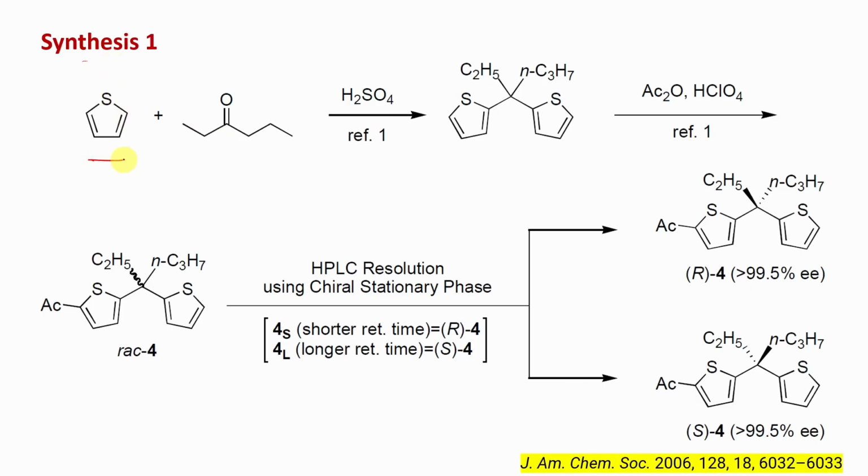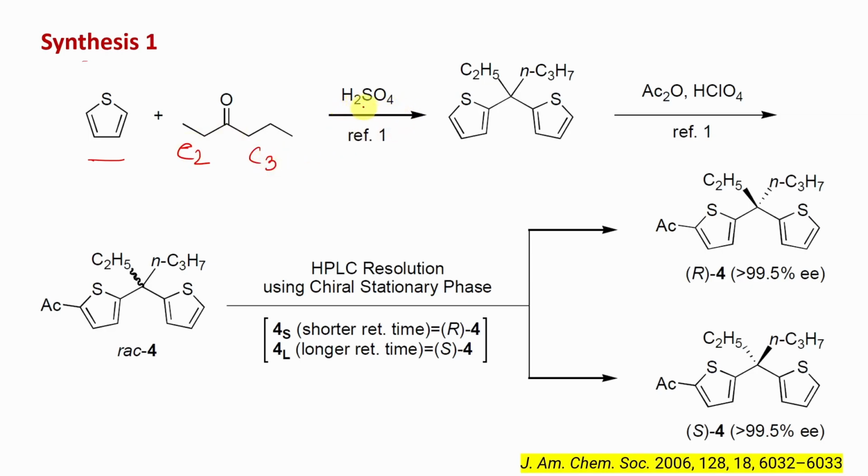So this is thiophene. It's a 6 pi electron containing aromatic system, more active because 6 pi electrons are distributed on 5 atoms, 4 carbon and 1 sulfur. So thiophene is a pi excess nucleus and it is reactive for aromatic electrophilic substitution. And what are we reacting? We are reacting a C2, C3 ketone in presence of sulfuric acid.